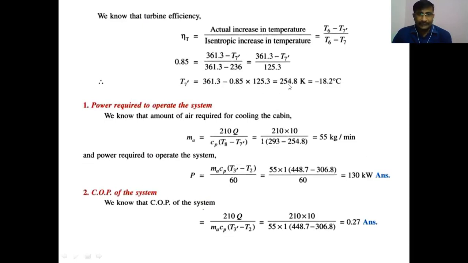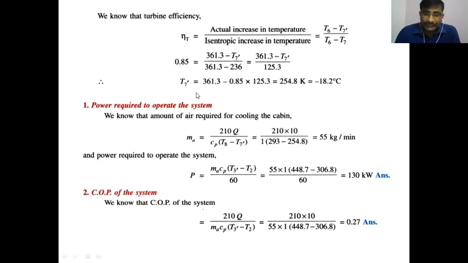T7 dash is 254.8 kelvins or minus 18.2 degrees centigrade. This is the temperature of air at which the air is passing through the cabin. Clear? In front of the cabin, the temperature of air is minus 18.2 degrees centigrade. This temperature is called DART, D-A-R-T, dry air rated temperature of turbine.